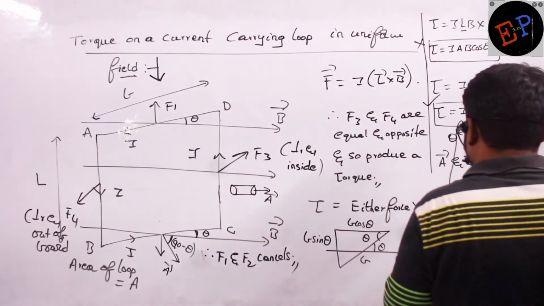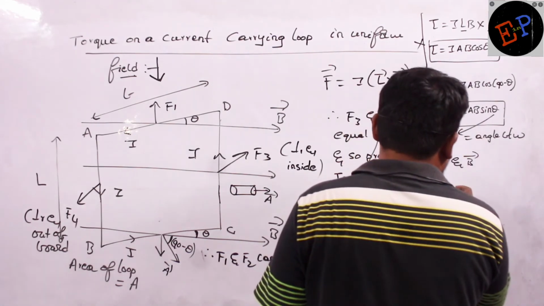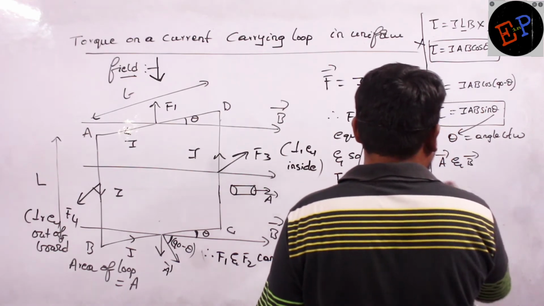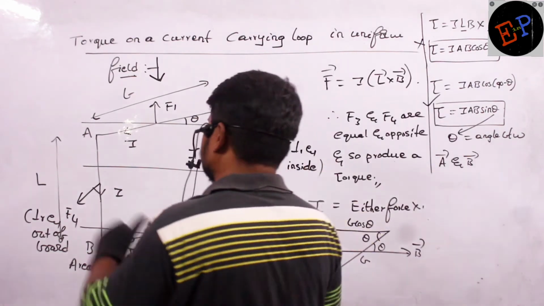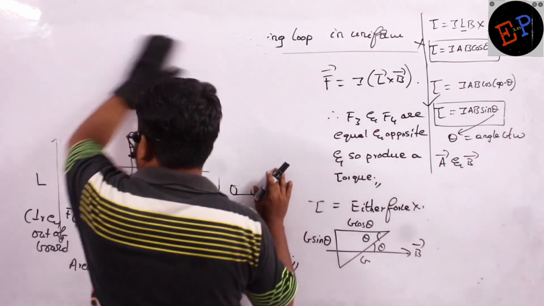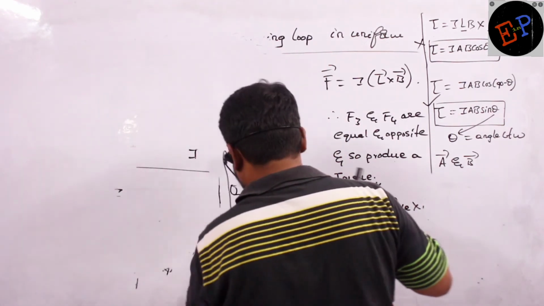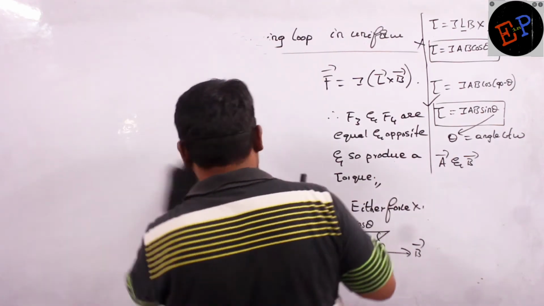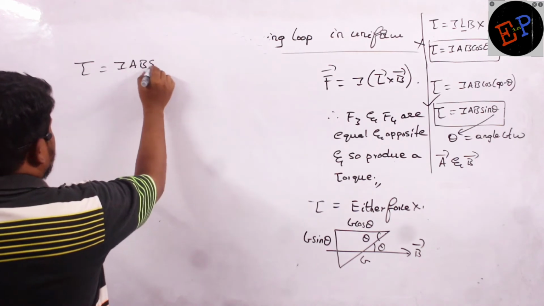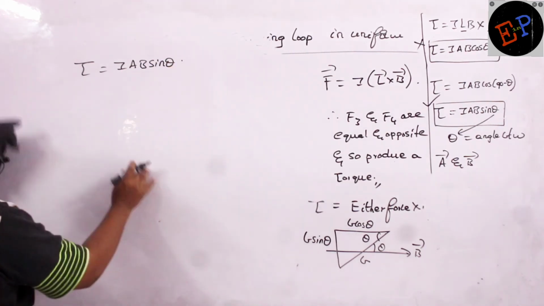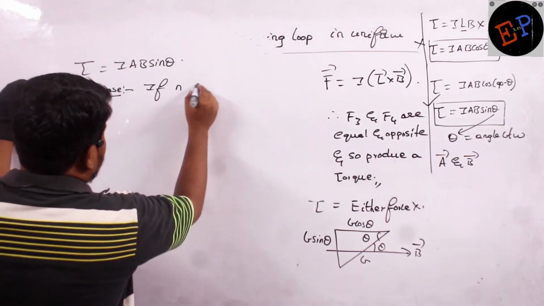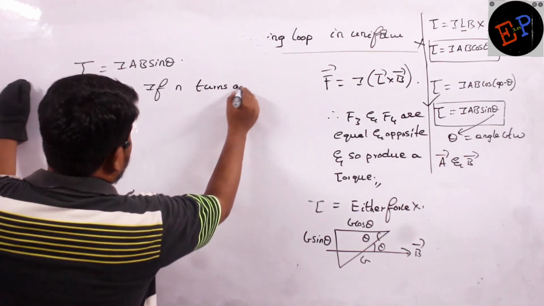So I got the equation up to torque is equal to IAB sin theta. Clear?